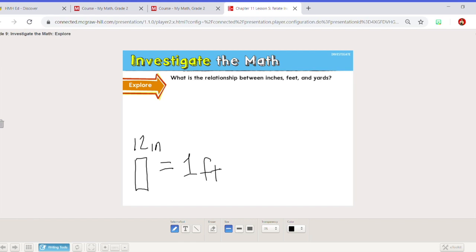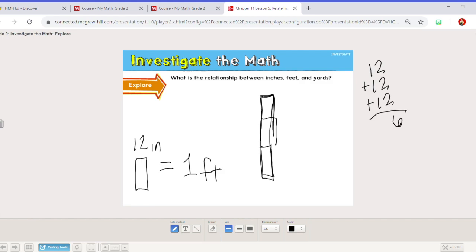That's the short way of saying it, like IN is the short one for inches. We know that a foot is 12 inches, and we know that a yardstick is 3 rulers. If we have 3 rulers, it's like having 3 groups of 12. It would be 12 plus 12 plus 12, which gives us 36.